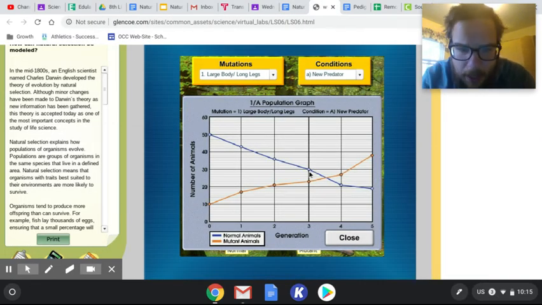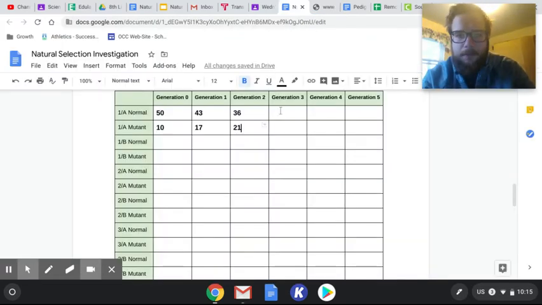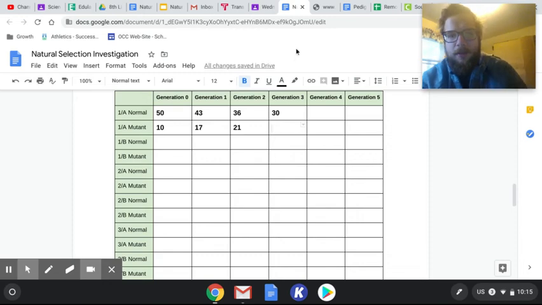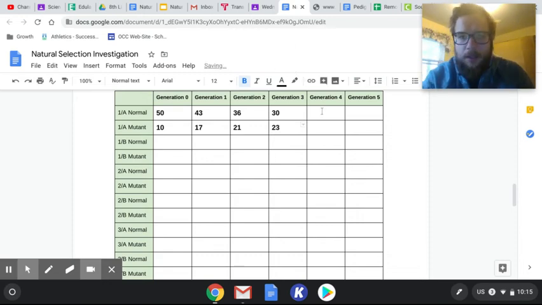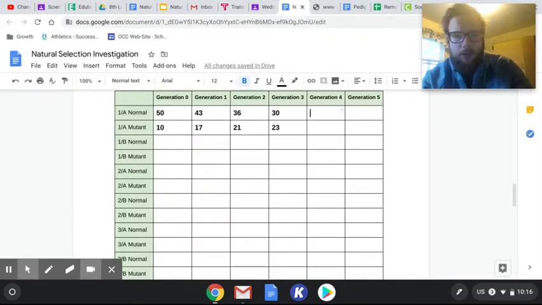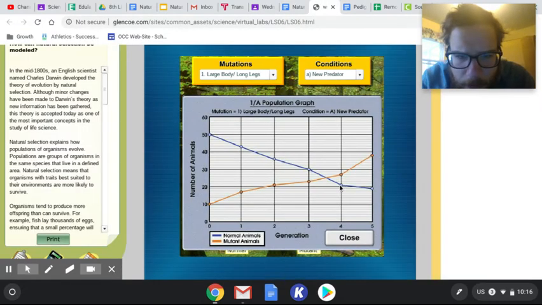Let's go to generation 3. I like when it's right on the line there. It's 30 for the normals. And then the mutants are, we'll call it 23-ish. Generation 4 for the normals, we'll call that 21. And then generation 4 for the mutants, we'll call that 27.